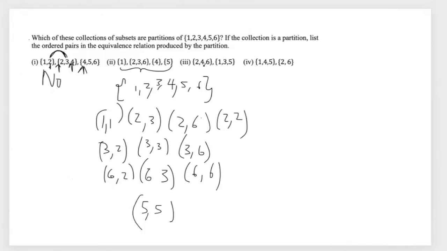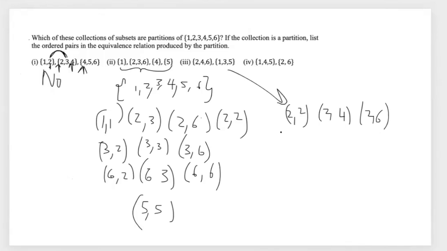So if you look at the next one, is it a partition? Yes, because you're not seeing any numbers being repeated. So the set again, what is the equivalence relation? It would be 2, 2, 2, 4, 2, 6.